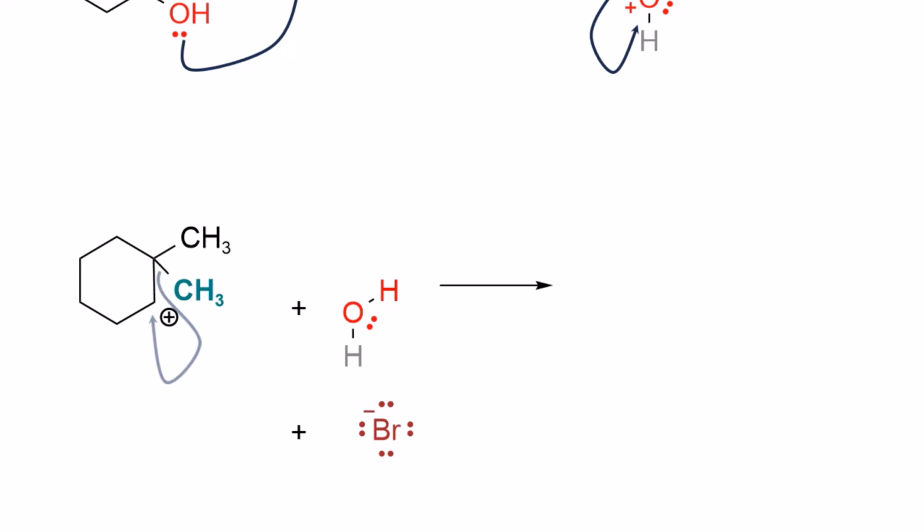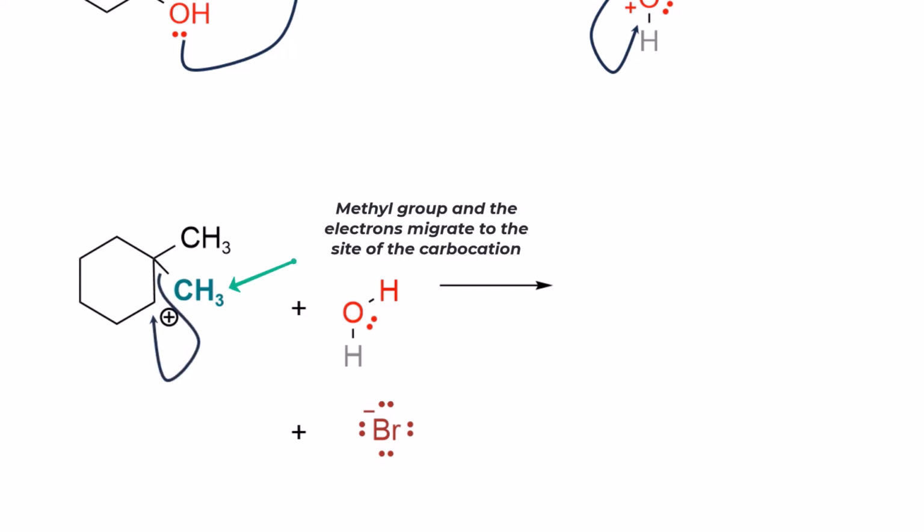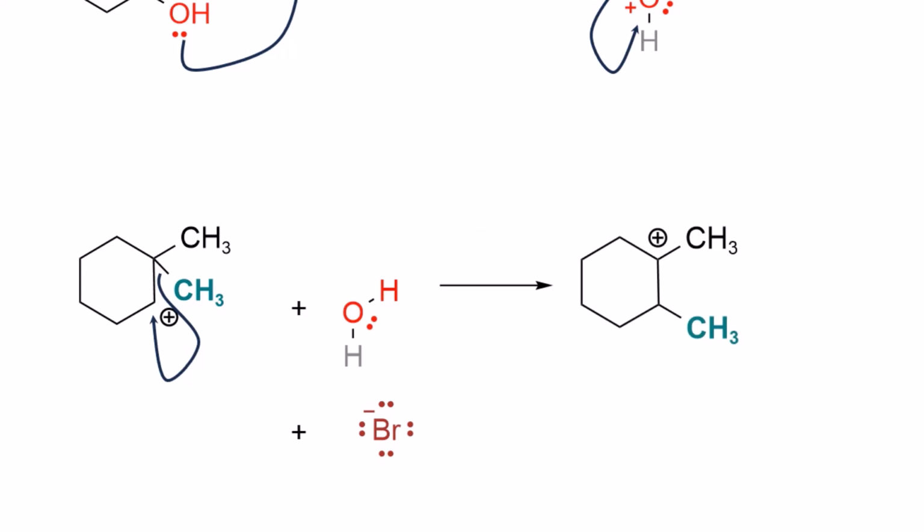I'll put the arrow in here. The electrons in the bond and the atom shift over. So now you're going to have a bond between the carbocation and the methyl group. And because you broke the carbon-carbon bond where the methyl group was, the positive charge will now be on that carbon.